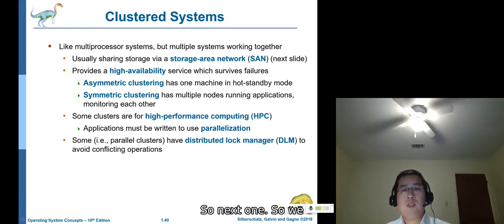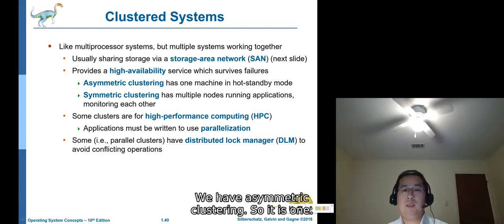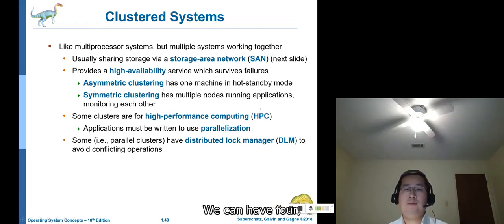So next, we talk about the multiprocessor system. It has some advantages, okay? So what's the advantage here? Okay, similarly to the previous, for example, if we have asymmetric clustering, we can have a backup system.